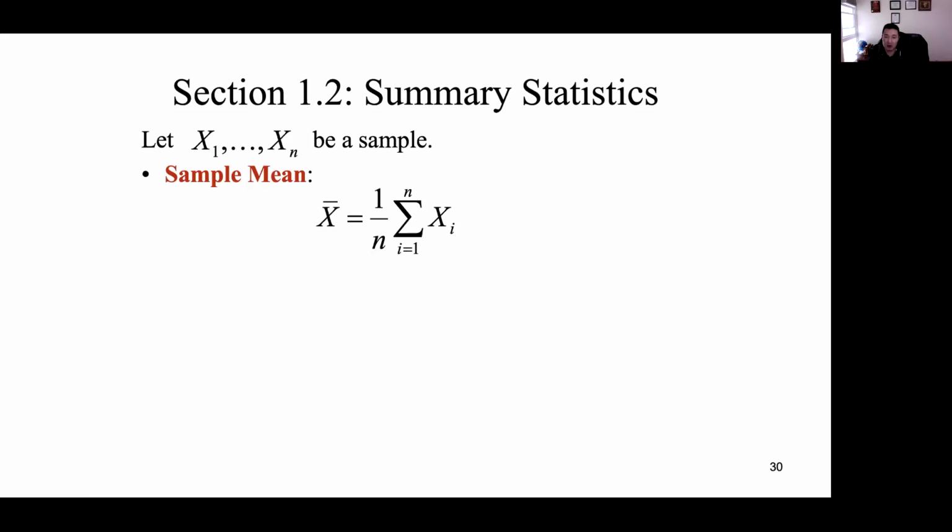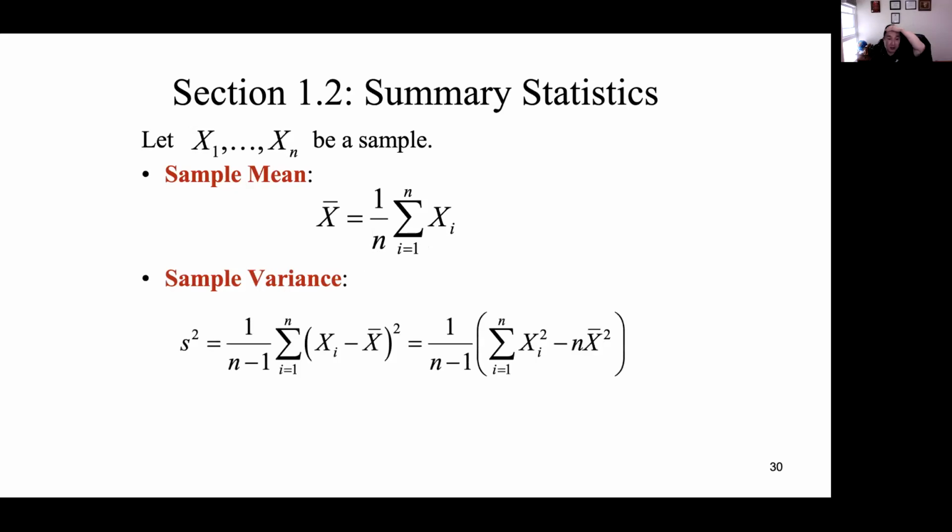We measure the strength of these 10 blocks, add the strengths together and divide by the sample size 10. I think everybody knows that.